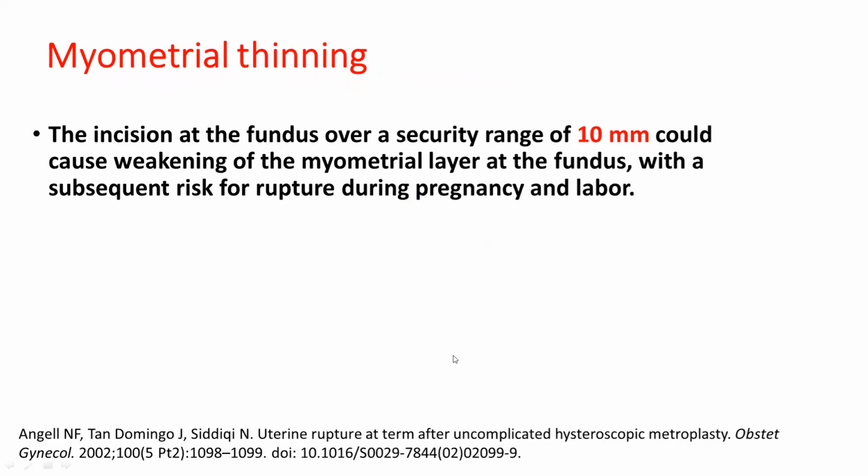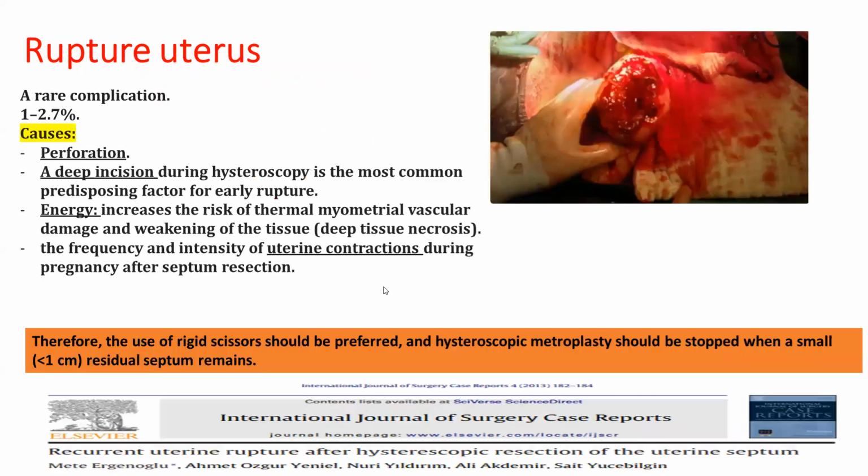Some doctors do over-incision without perforation, where the incision of the fundus reaches the myometrium and the myometrium becomes thin, less than 1 centimeter. This thinning is a starting point of uterine rupture in the subsequent pregnancy, like this case.